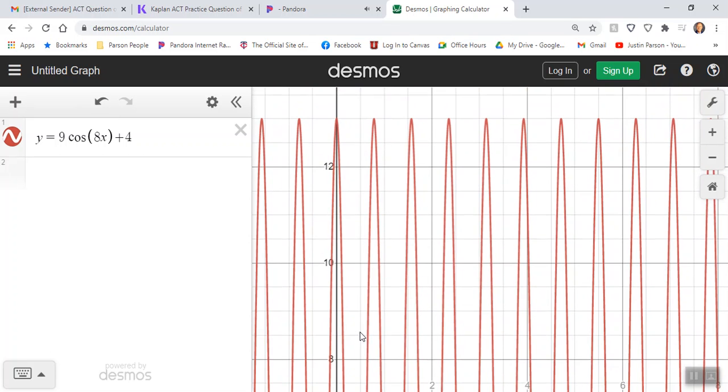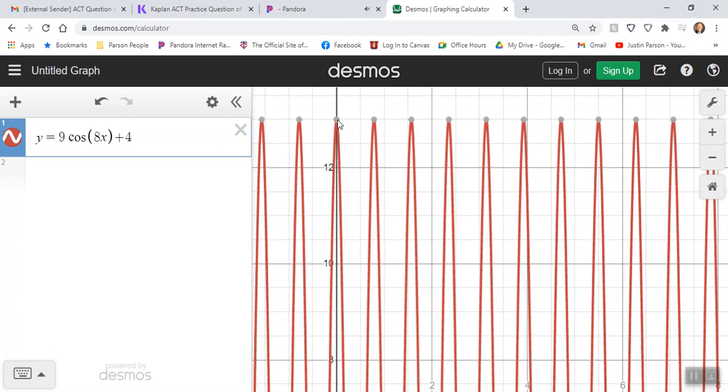I bet it's 13. Was 0, 13 one of our points? Oh, look at that. What do we want this next one to be right here? Pi over 4, 13. Are we right? We're so right. So I would always check in that first cycle your 2 maximums and a minimum, or check some of those points that they give you in that graph, okay?